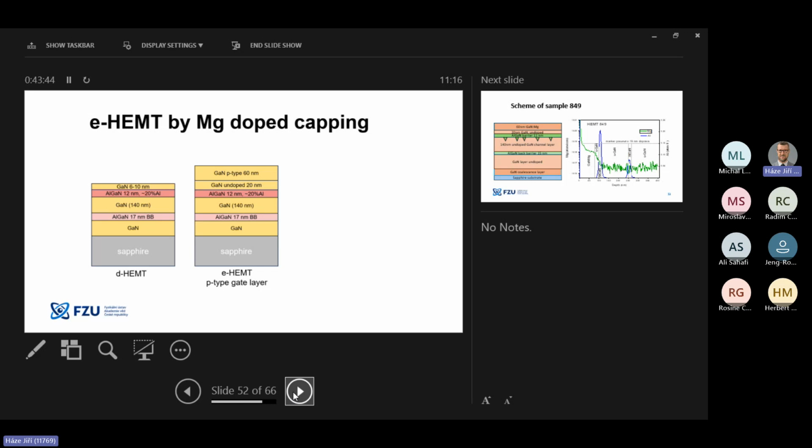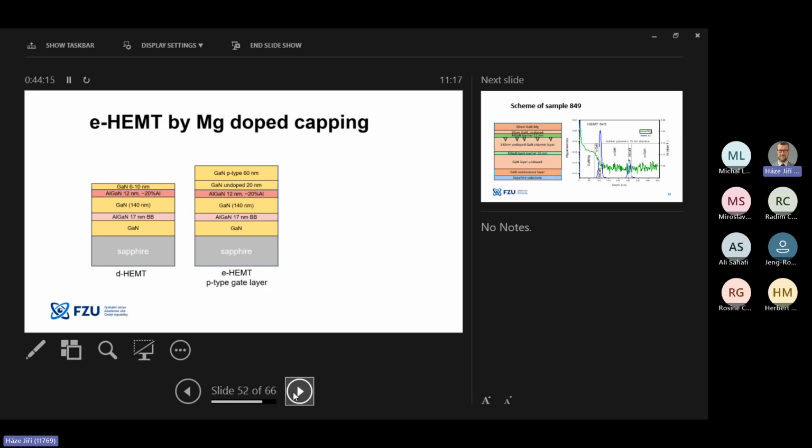So you have to have a channel which is normally off and then switch it on by applied electric field or applied voltage. The most industrially used method is p-type doping on the top of the AlGaN, introduction of a p-type layer, but this is done by magnesium.